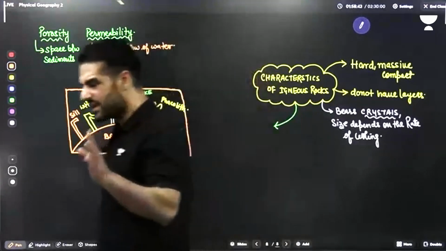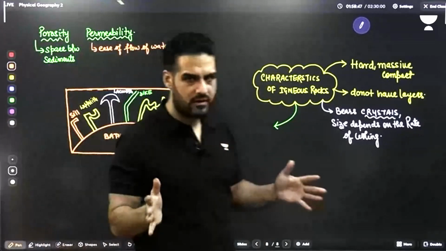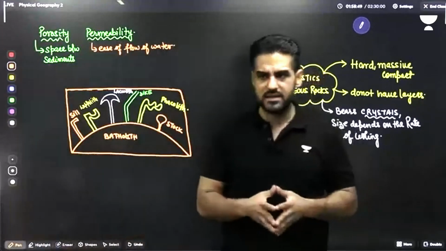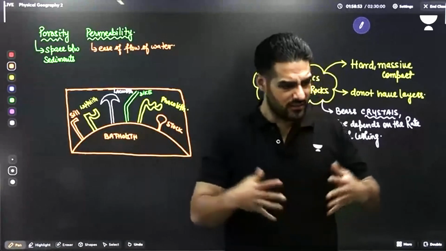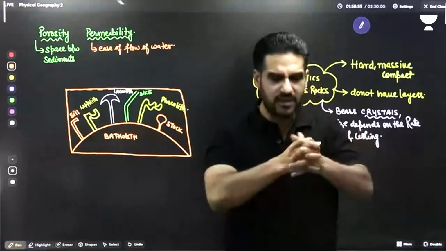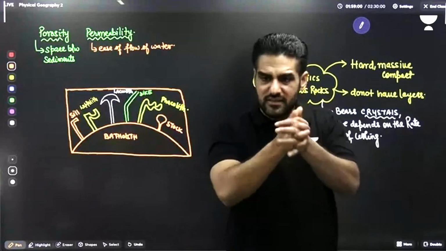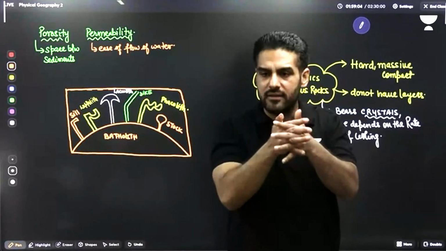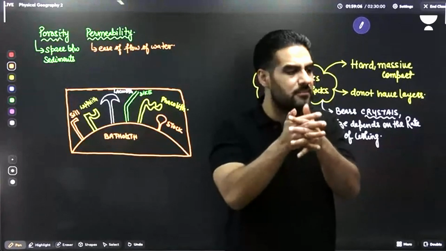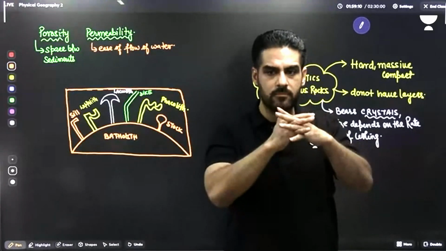It is because while igneous rocks are formed, the rate of cooling is so rapid that crystals get tightly packed. They get so tightly knitted that pores almost become negligible. So will water be able to infiltrate down?